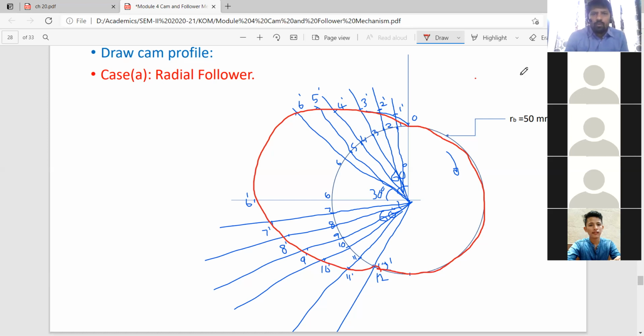Okay, so completed the construction of radial follower.